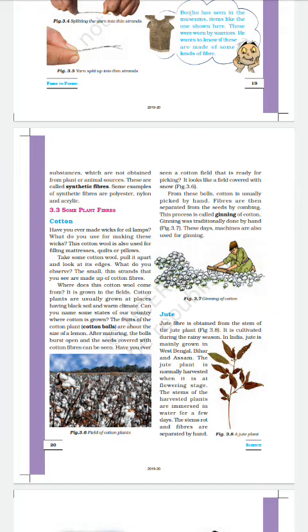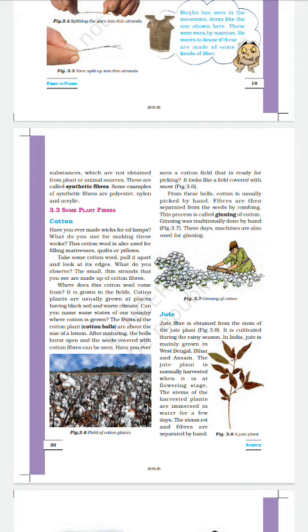How is cotton grown? There is a cotton plant in which a fruit-like structure grows, which is called a cotton boll. After some time it matures and it bursts, and you can then see a white fiber, which is the cotton fiber, but it has a seed. The process of separating cotton fiber from seed is called ginning of cotton.